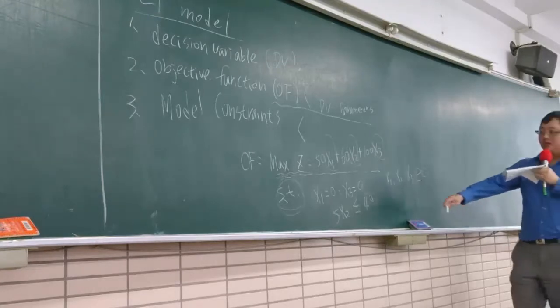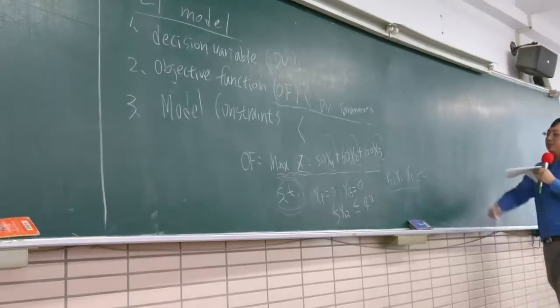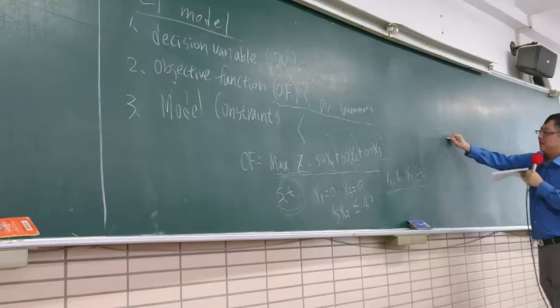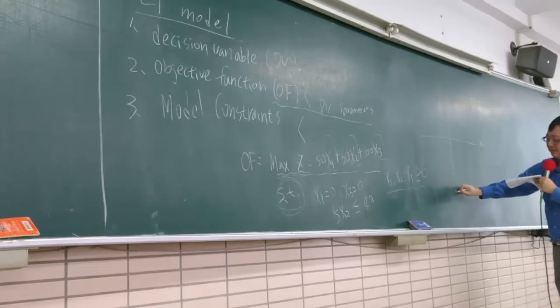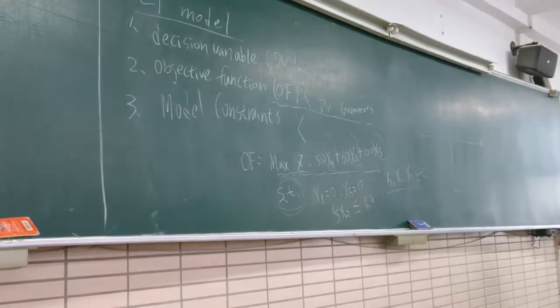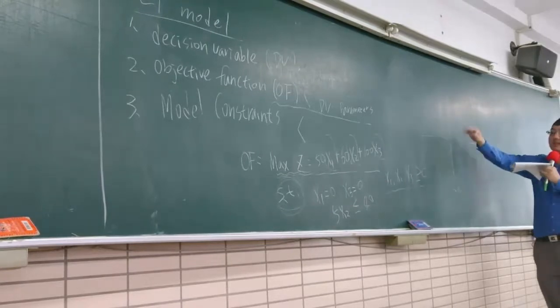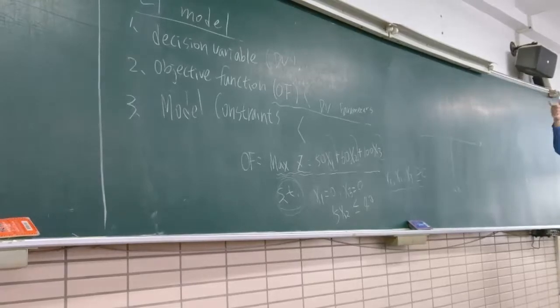So if we draw the graph, assume we only have x1 and x2, we can draw a graph. Where will the solution lie? 答案会在哪里? The first quadrant, second quadrant, third quadrant. Quadrant means 象限. So our solution always in the first 象限, the first quadrant.